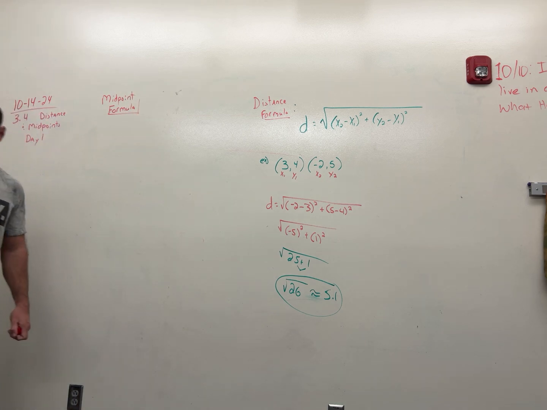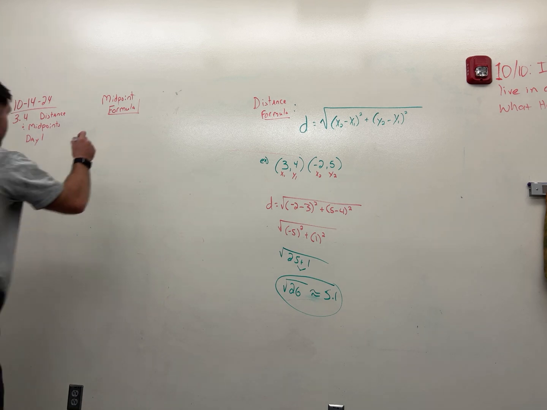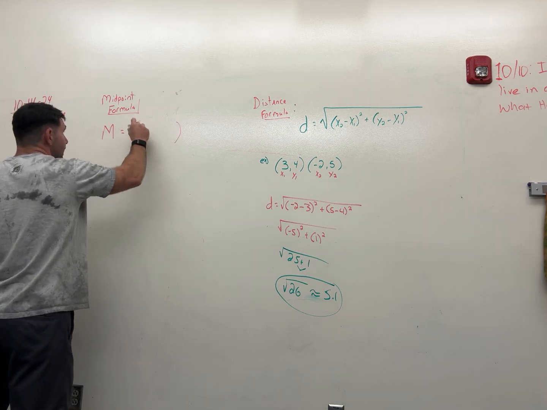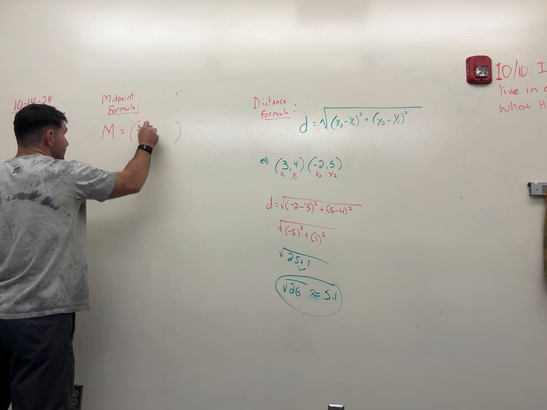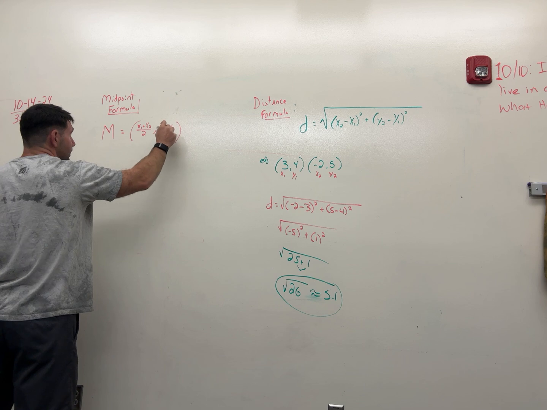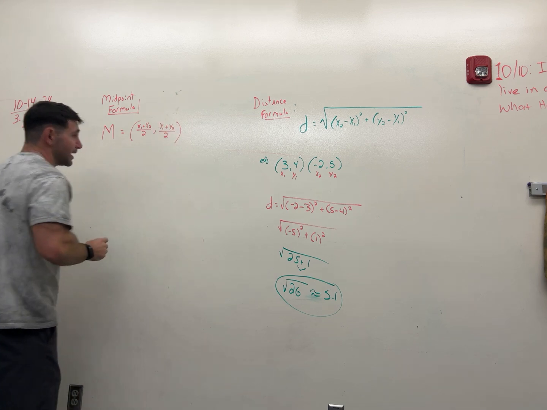This works when it's again on a coordinate plane and we have no idea how to find that halfway point. So we're going to say the midpoint M is equal to x1 plus x2 divided by 2, comma, y1 plus y2 divided by 2.